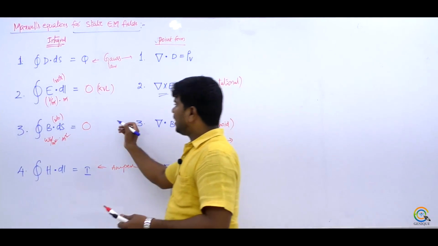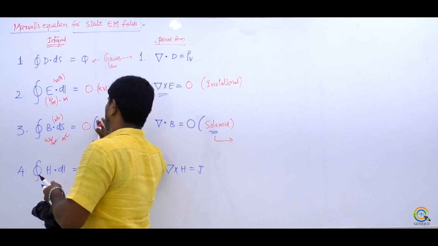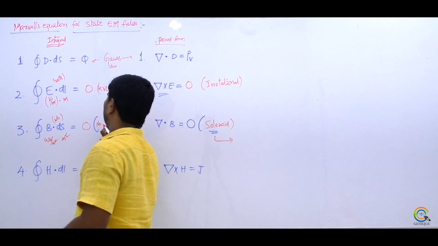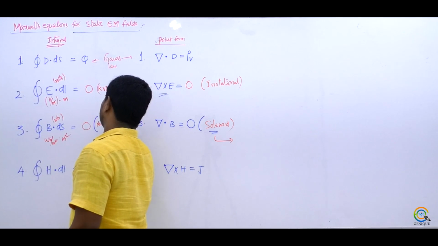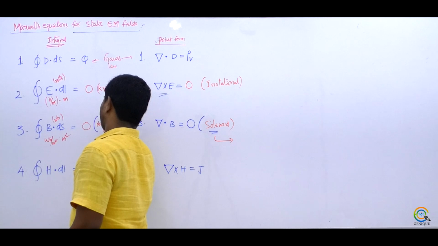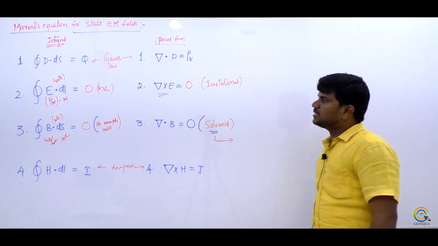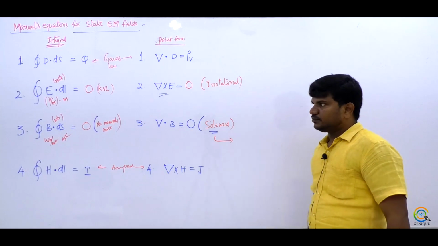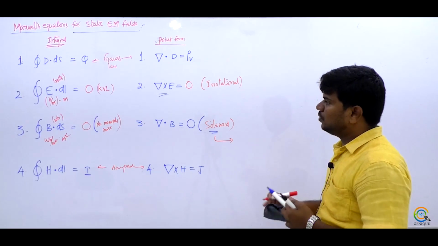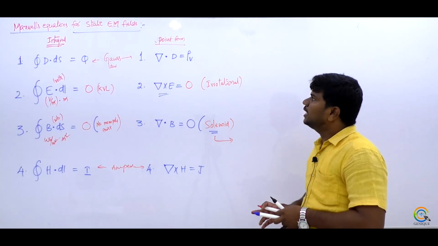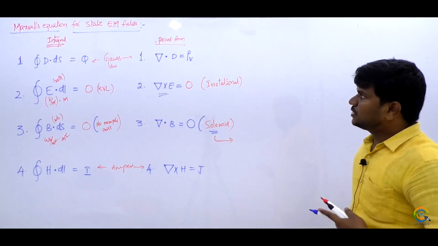So it is saying that no monopoles exist for the magnets. That is, the entering flux is equal to the leaving flux. So this is what Maxwell's equations are about.